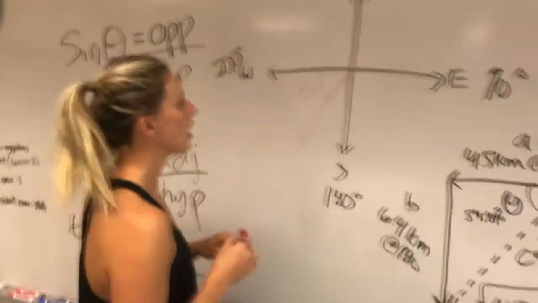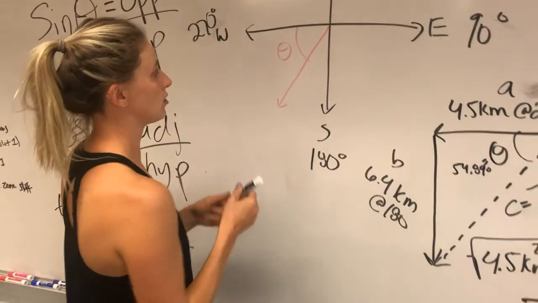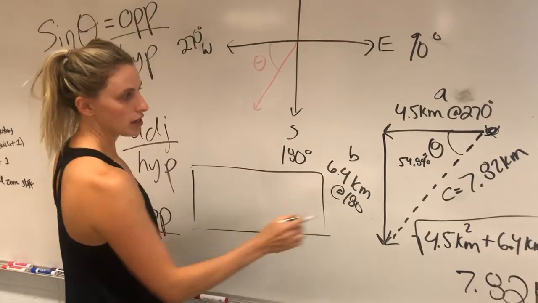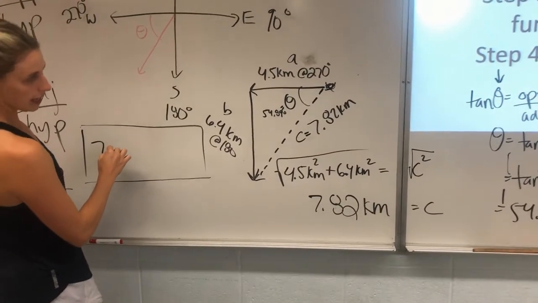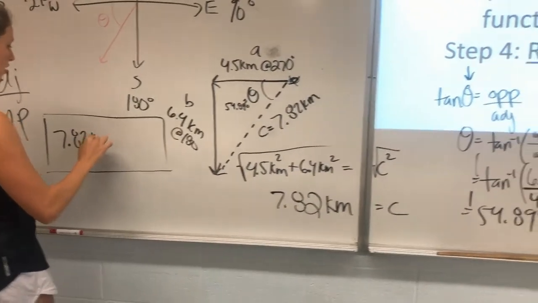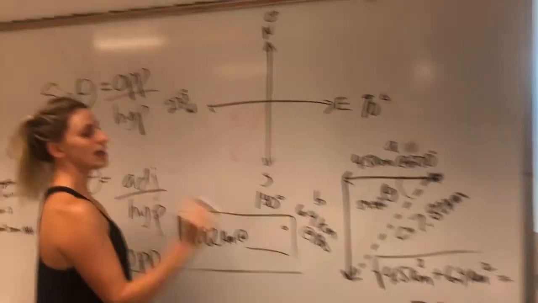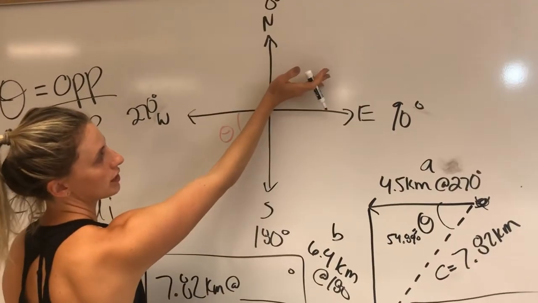Okay. All right, so let's write our magnitude down first. Our final answer is going to go in this lovely box we have here. And we said that C was 7.82 kilometers, but we don't know what the degrees are. Let's figure this out. We cannot just put 54.89 because that would be somewhere over here.